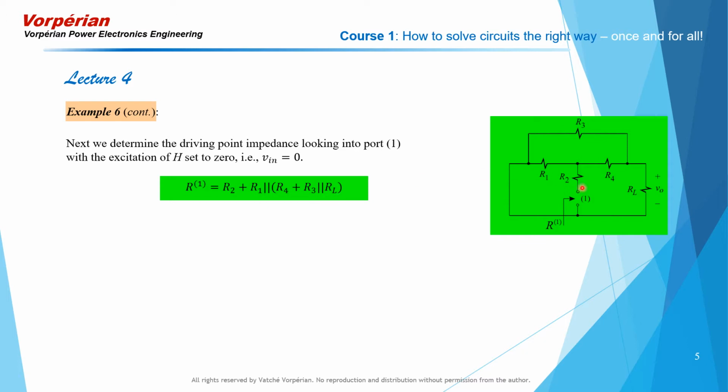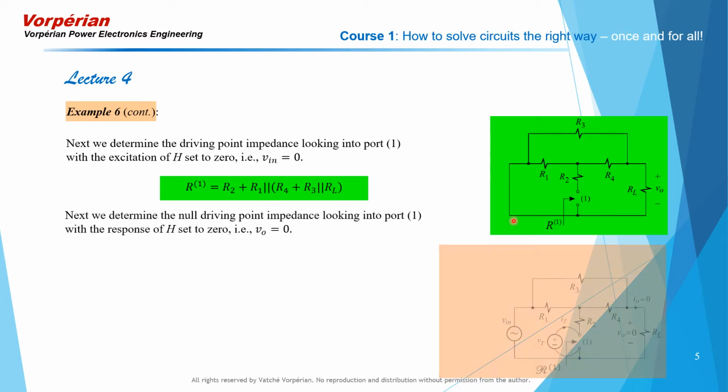You see that from this circuit. First thing you see is R2, and then R1 is connected between this point and return here, so it's R1 in parallel with R4 in series with RL parallel R3. R3 is in parallel with RL because this node has been shorted to the return.